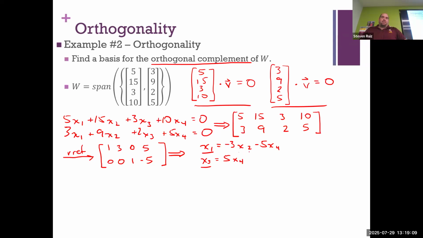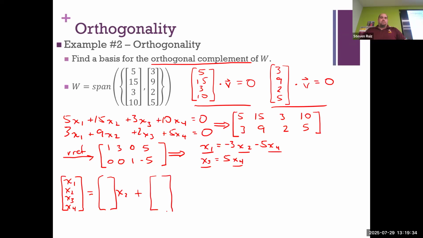So you can also look at what variables exist on the right-hand side of these equations. It's x2 and x4. So now we can generalize x1 through x4, knowing that our parameters are being played by x2 and x4.